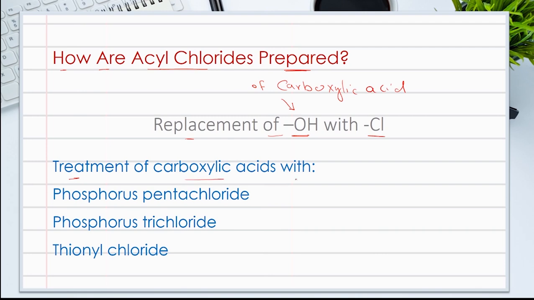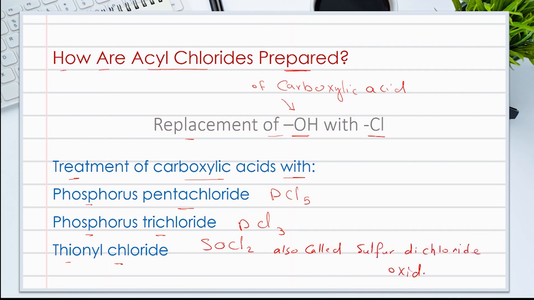Acyl chlorides are prepared from the treatment of carboxylic acids with phosphorus pentachloride or phosphorus trichloride or sulfur dichloride oxide. Let's look at the preparation of acetyl chloride from the corresponding carboxylic acid, acetic acid, using the three reagents.